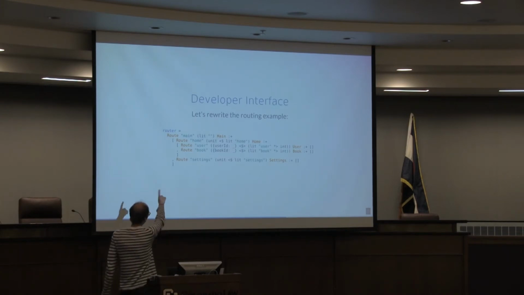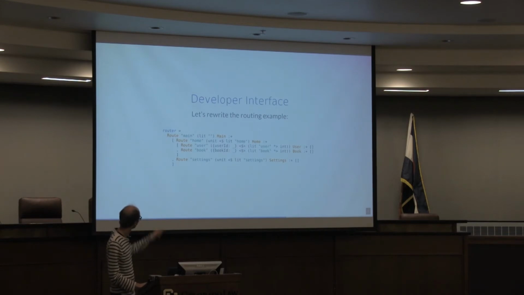There should be unit before delete, but that's okay. So this is the combinator from the parsing library, and main, home, user, book, and settings are React classes that you want to mount in those locations. So that's pretty similar to what it was in the React world.